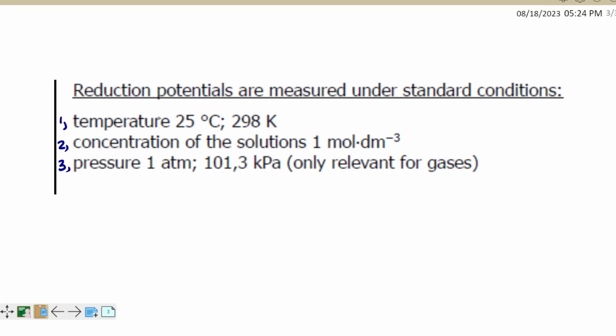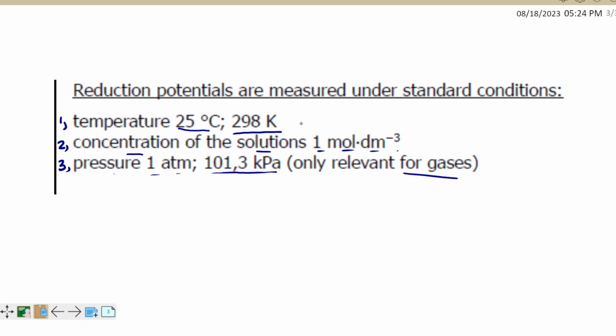Number one, the temperature of the cell must be 25 degrees Celsius, or you can just say 298 Kelvin. Number two, the concentration of the solution must be 1 mole per dm cubed. Then the last one is the pressure of 1 atm or 101.3 kilopascals, only relevant for gases.